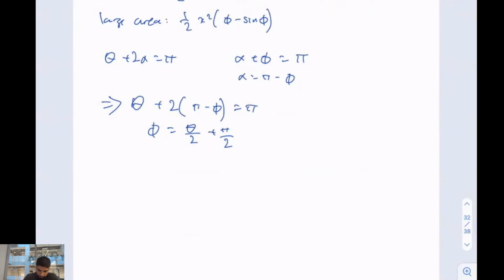Because I'll go back to my large area and say that it's half x squared (phi, but instead of phi I am going to write theta over 2 plus pi over 2), and then take away sine of phi.